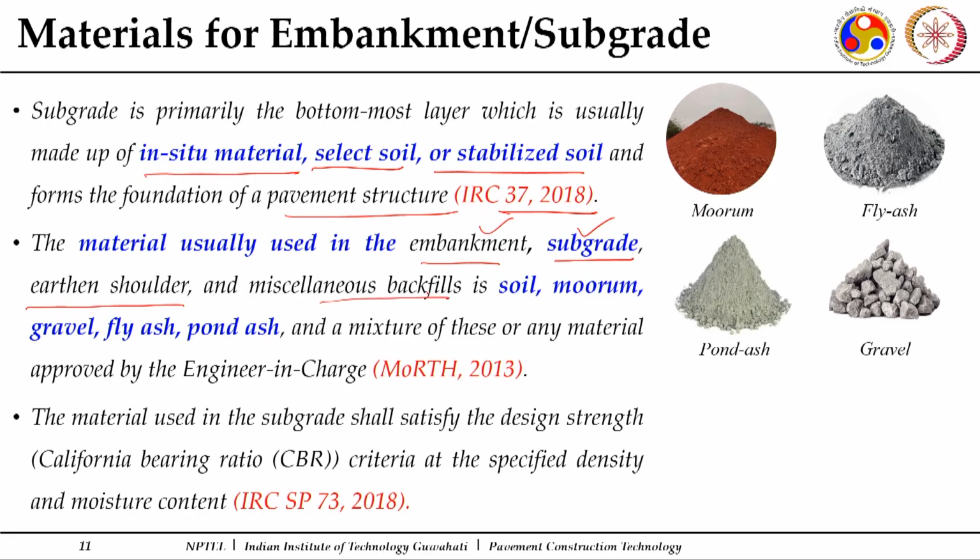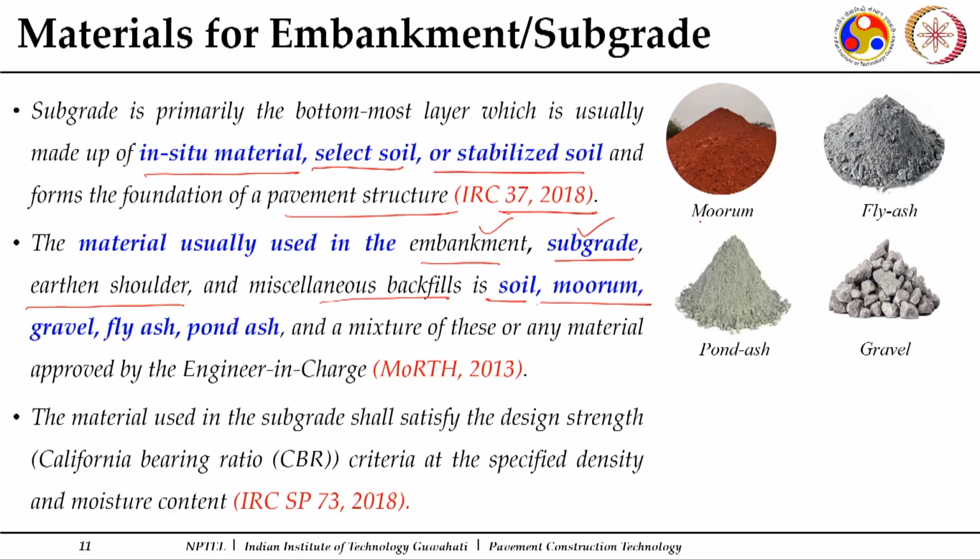And backfills also, when flyovers or other structures are constructed, what do we use as backfill material? We use soil, we use the muram. Now muram is another term you might have heard. This is reddish brown colored soil, which is slightly more granular.